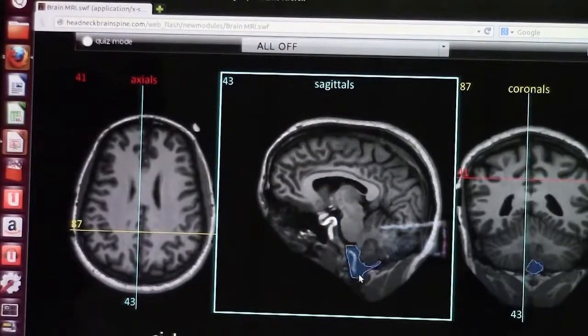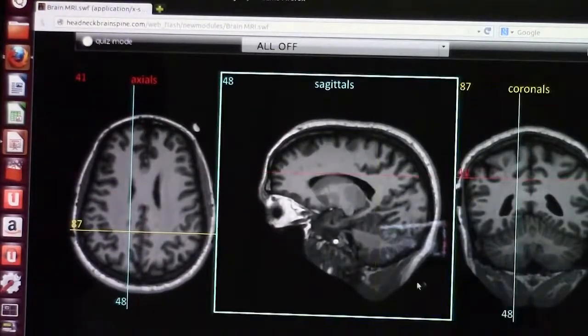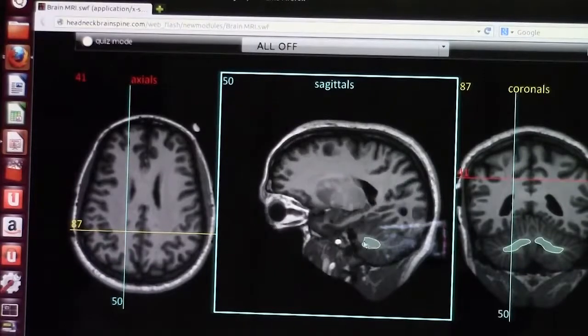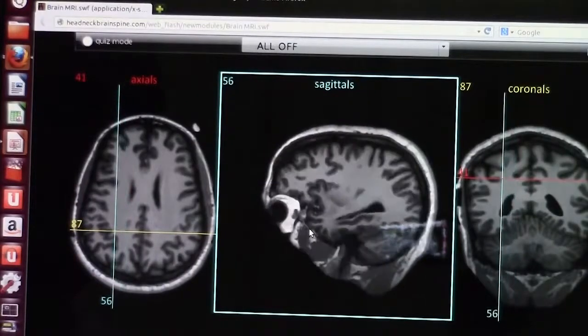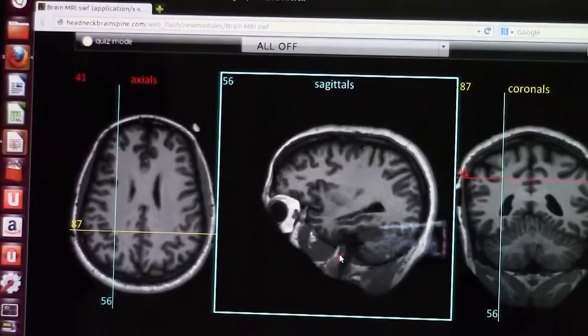Here you guys see beautifully the vertebral artery, and the more we go lateral, as you can see from the coronal cut, you will see the cerebellar hemisphere. You can also see here the eyes, and of course you can see here the internal carotid artery.